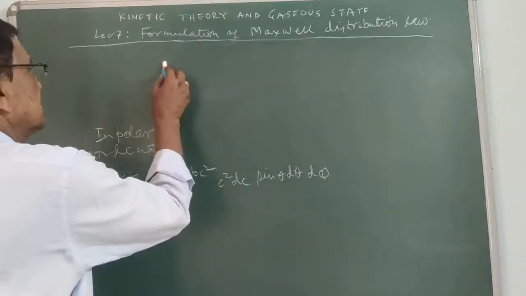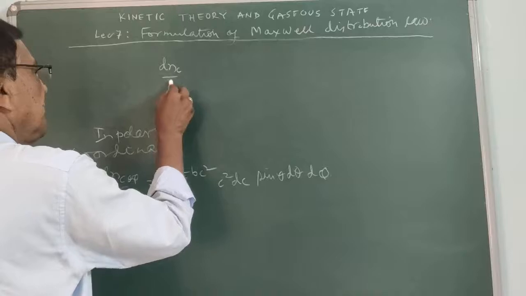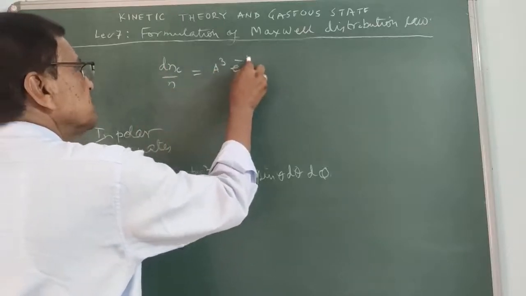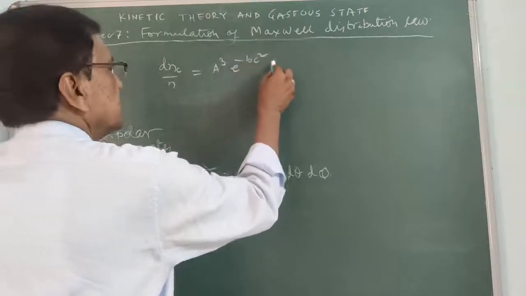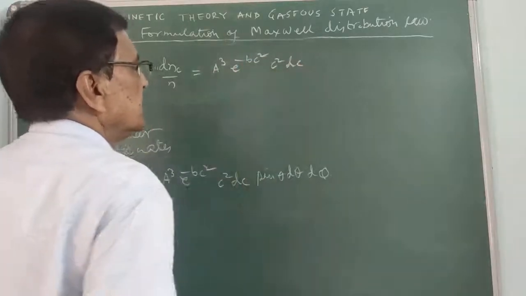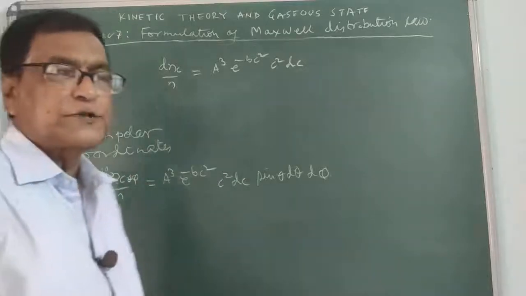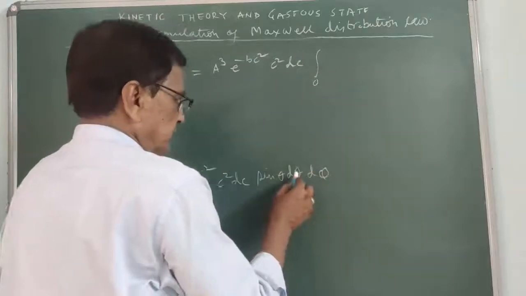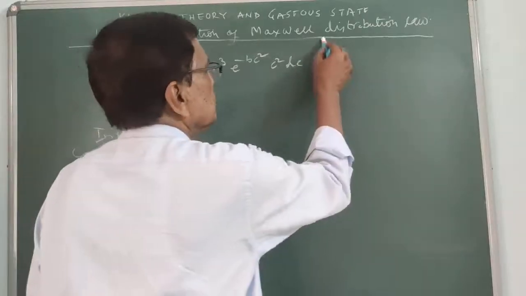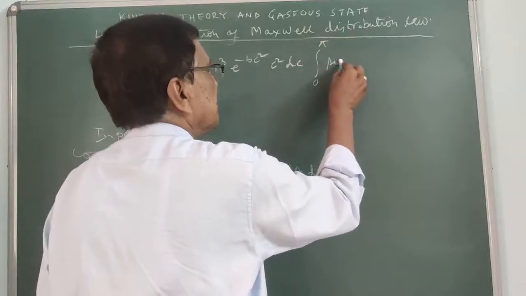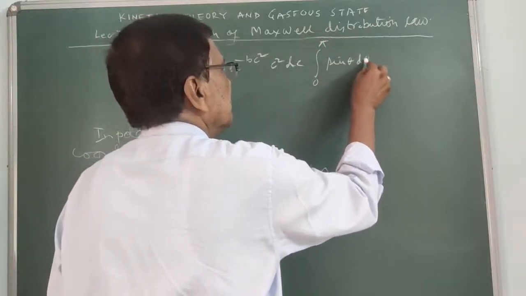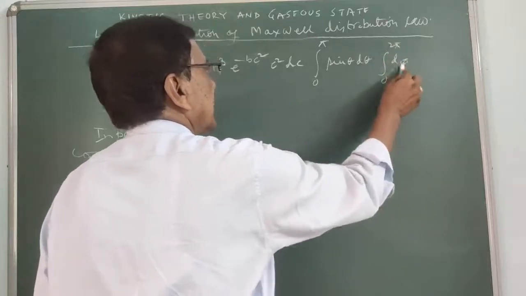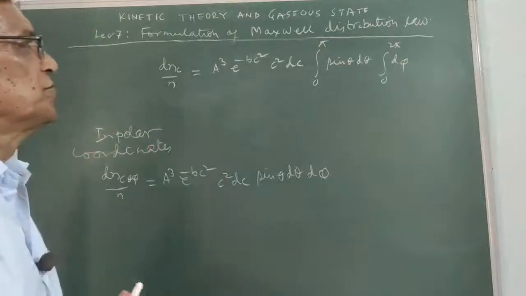In this case, dn(c) by N equals A cube e to the power minus b c square c square dc. Only the speed is considered and not the directions. Here the full range of theta is 0 to pi for sine theta d theta, and for d phi it is 0 to 2 pi. The azimuthal angle has this limit 0 to 2 pi.